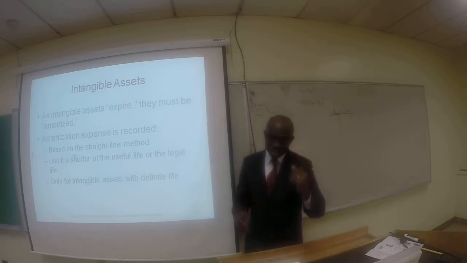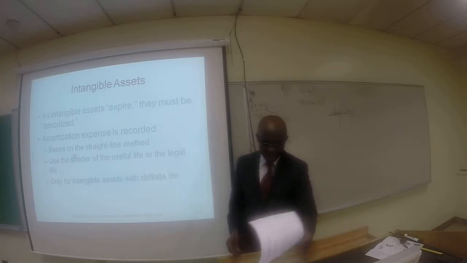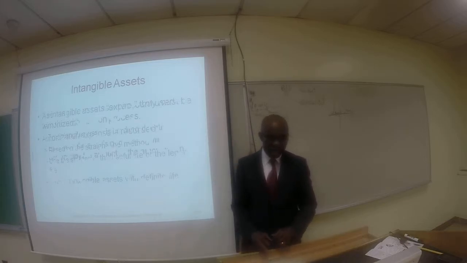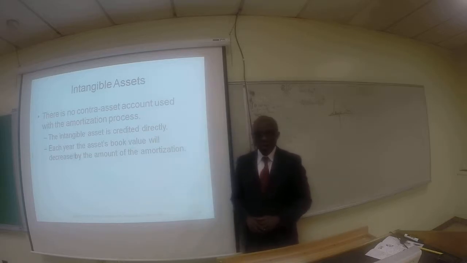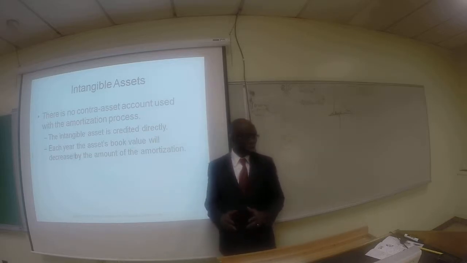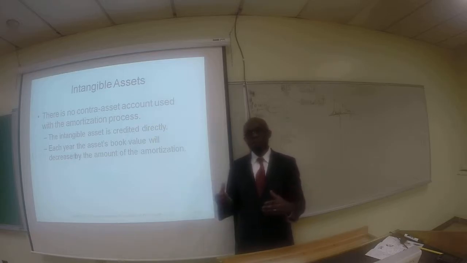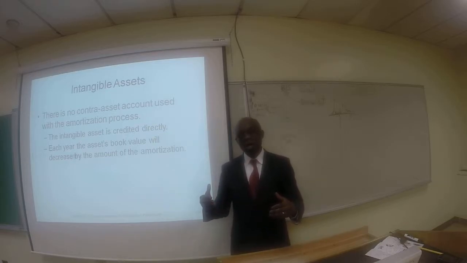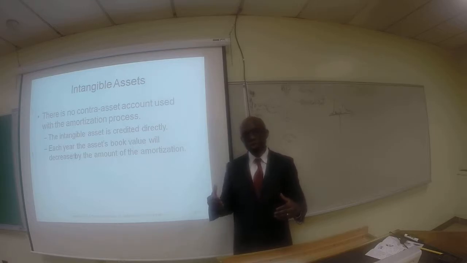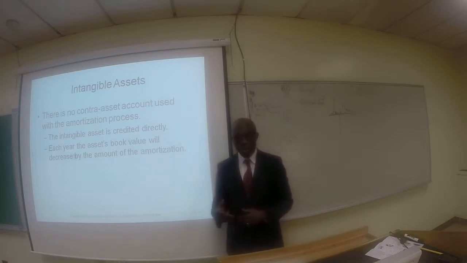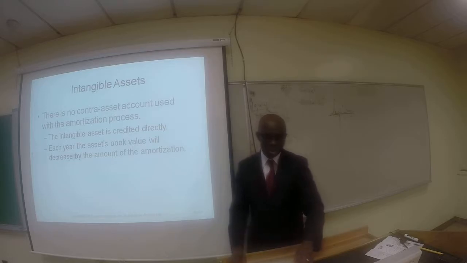Only for intangible assets do we have a definite life. For intangible assets, we do not have a contra account. The intangible asset accounts are decreased directly with the related amortization expense.